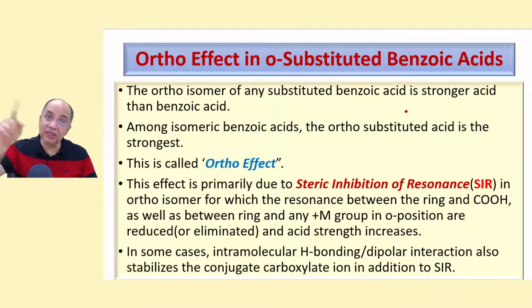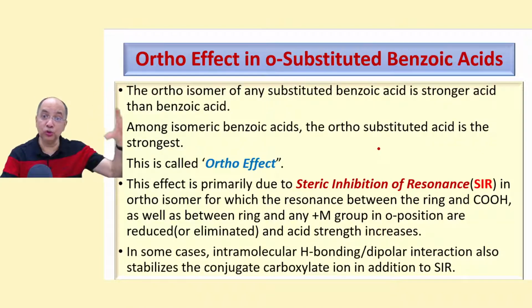Even if it is a plus I plus M group, that also will not deter its strength, its capacity below benzoic acid. All of them are stronger. And among isomeric benzoic acids, ortho, meta, para, in a particular series, the ortho substituted benzoic acid is the strongest. Two things.